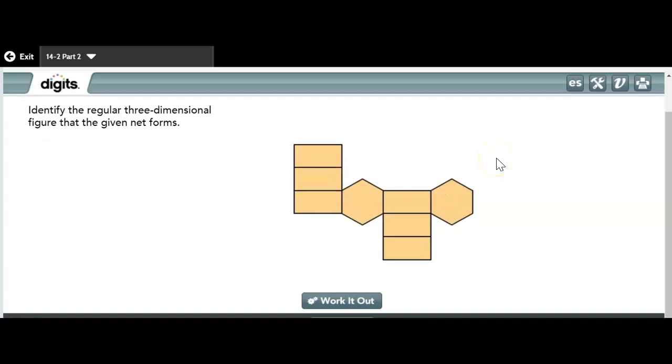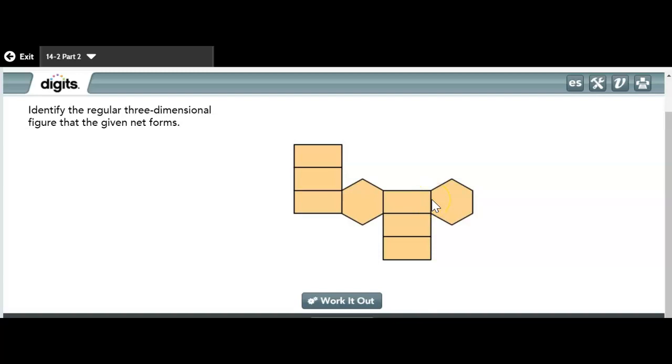What kind of three-dimensional figure do you think is here from the net? Remember, it has to have two bases. So 1, 2. There's two bases. It is a 1, 2, 3, 4, 5, 6 sided shape.